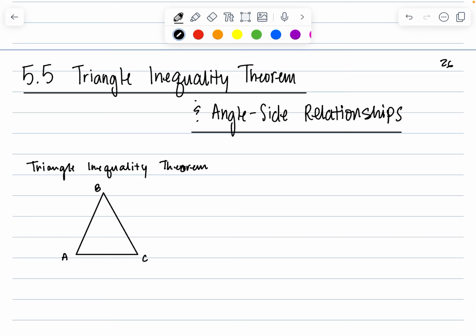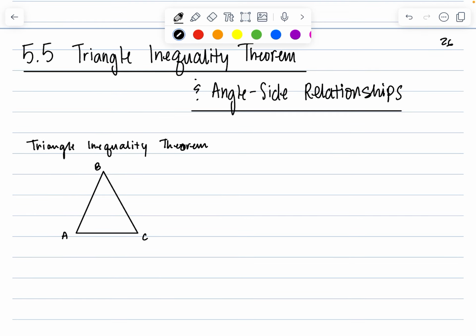Now, what happens here is this. We could always label the sides like a small, medium, and large side, right? If I called this the small side, the one with the smallest measure, let's call this the medium measure, and then this is the largest measure.